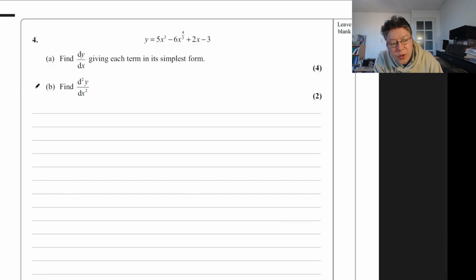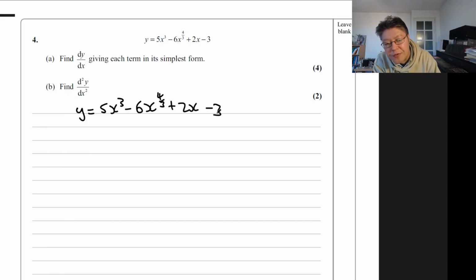Okay, so in this question we're given a function y equals 5x cubed minus 6x to the 4/3 plus 2x minus 3. And part A, we need to differentiate and we need to simplify each term as well.